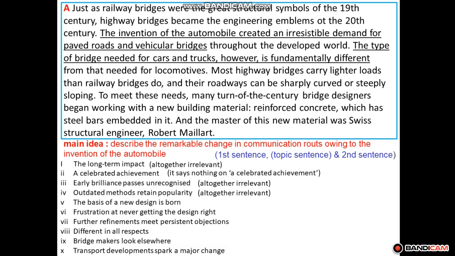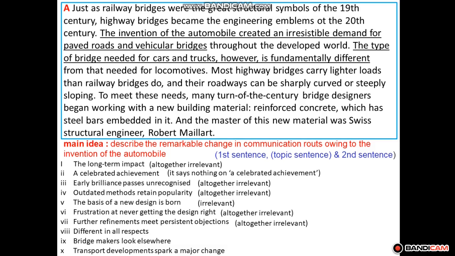All right. Fourth one, altogether irrelevant. Fifth one, the basis of a new design is born. That's also irrelevant. And sixth one, frustration at never getting the design right. Well, that's also altogether irrelevant. And then the seventh one, altogether irrelevant.